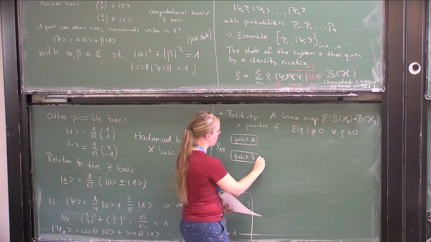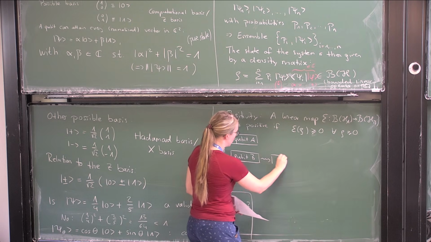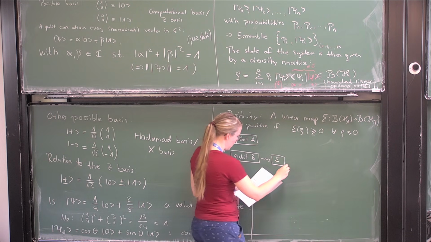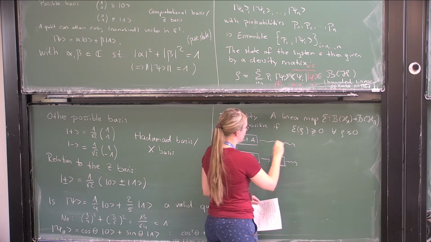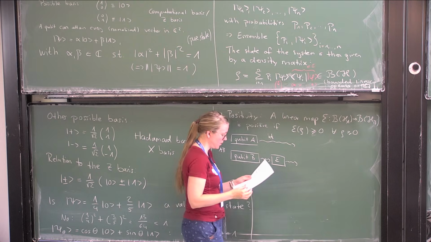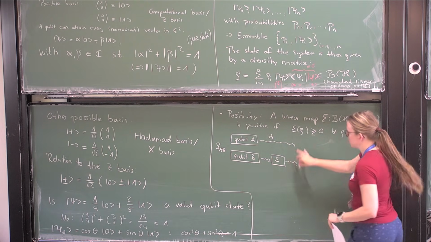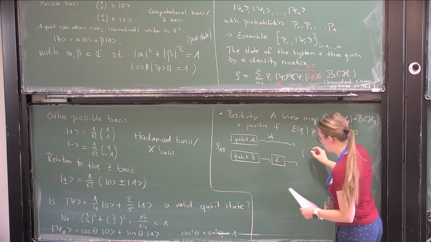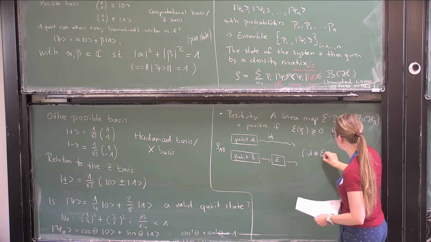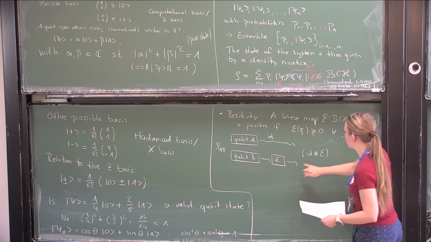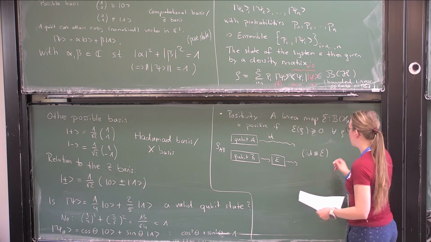And we apply the map to qubit B. Here we apply the map, and we get out the output. And we do nothing to qubit A. It's like the identity. That means the output of this would be, and we're going to talk about this, that on one system we have to apply the identity, on the other the map.